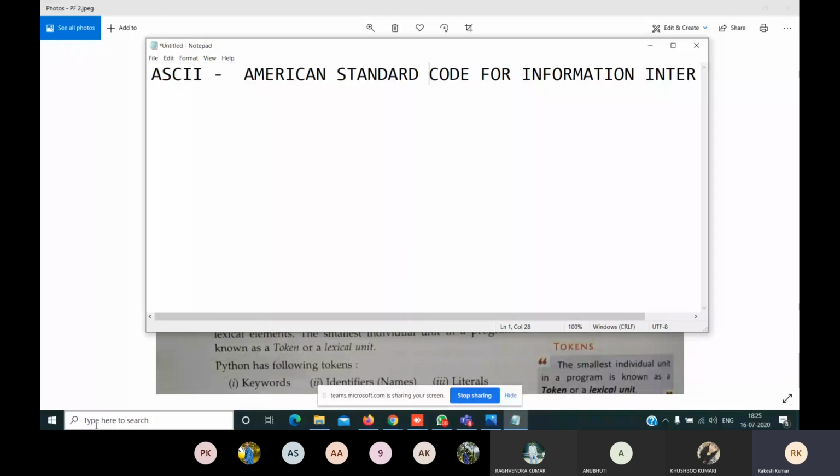Because the ASCII encoding standard has only English alphabets, like A to Z small and capital alphabets, and some symbols, arithmetic symbols, digits, finished. 256 characters, finished. But today our requirement is to use almost all languages of the world.